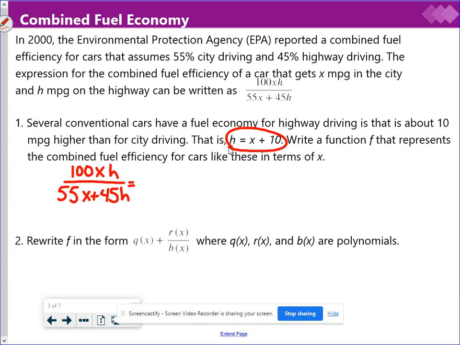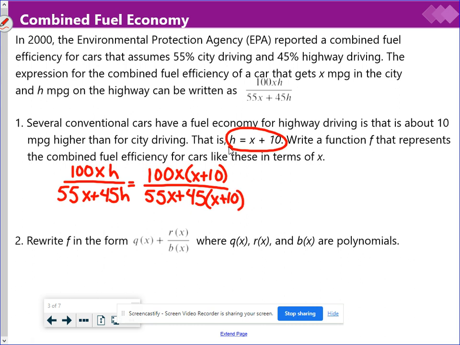I'm going to write that as 100x, and then instead of h, I'm going to put x plus 10, and 55x plus 45, and then instead of h, x plus 10.